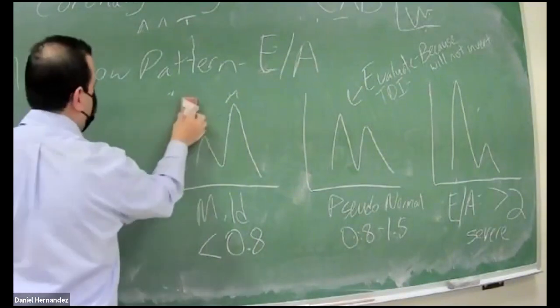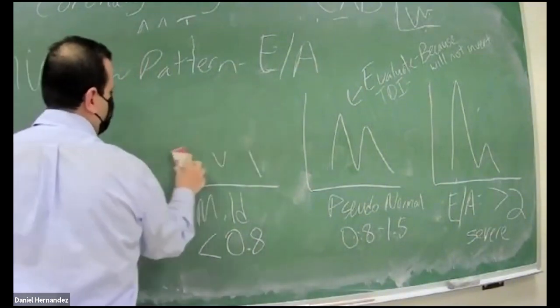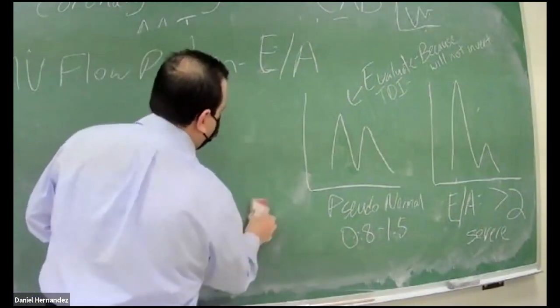So E represents your early diastolic filling, and your A wave is your atrial kick.